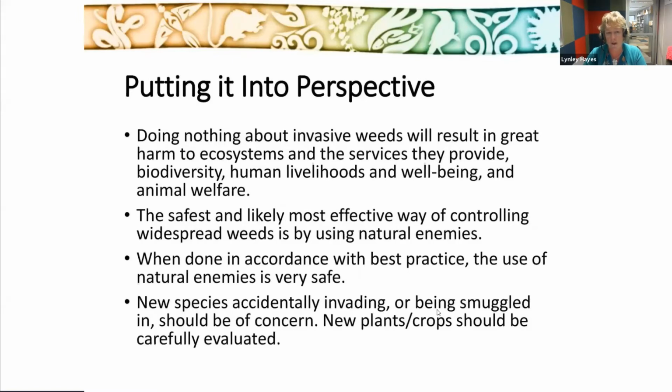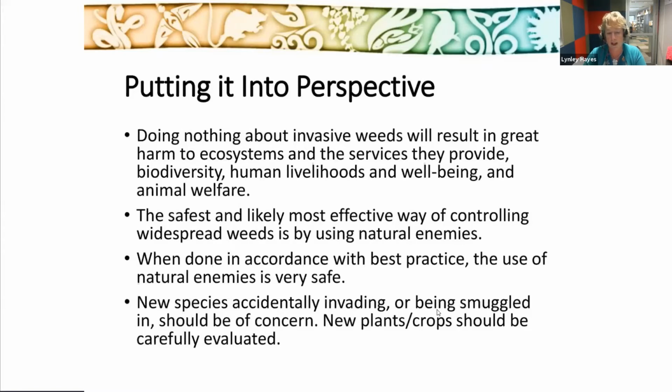And what we know is that if we do nothing about invasive weeds and other invasive species, we're having great harm done to our ecosystems, the services they provide, to your biodiversity, to the livelihoods of your people, their well-being, and animal welfare.